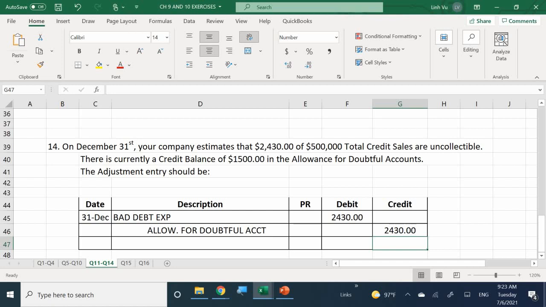For total credit sales, I didn't care about my debit or credit, whereas for accounts receivable, I do care about my debits and credits. Any questions here?